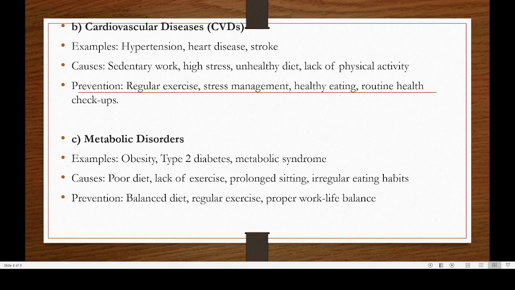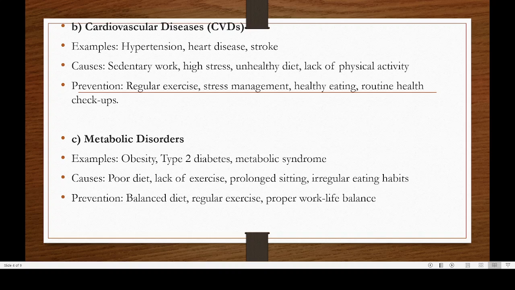So after 35, there should be periodic regular health checkups. The advantage of this health checkup is that you may be spending maybe 5,000 to 10,000, but it will save a lot of money that you would spend on hospital treatment later. Because if you have some problem, detecting it earlier can make you deal with that problem in a better way. So that is the advantage of routine health checkups.